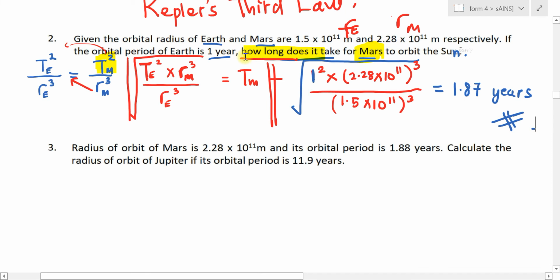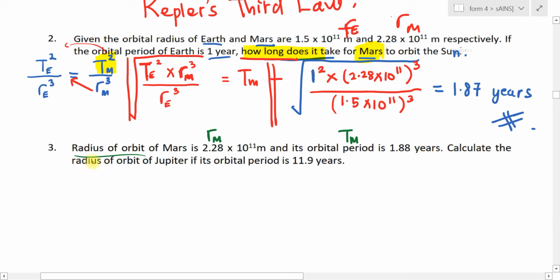Okay, next. The radius of orbit of Mars is 2.28 times 10 to the power of 11 meter, and its orbital period is 1.88 years.